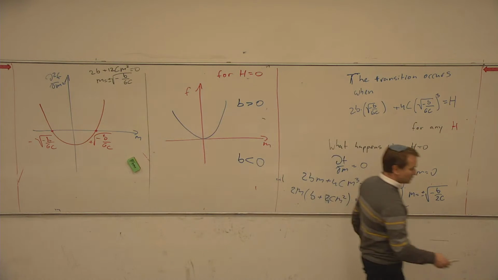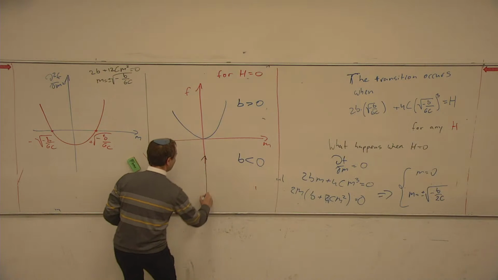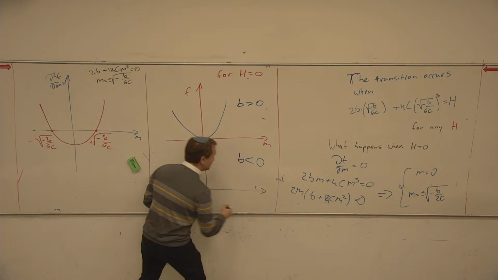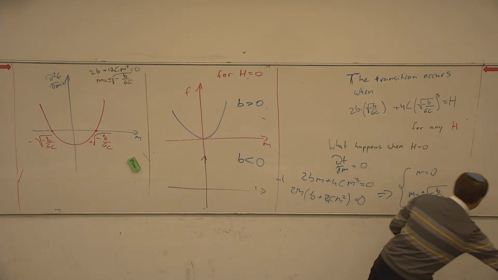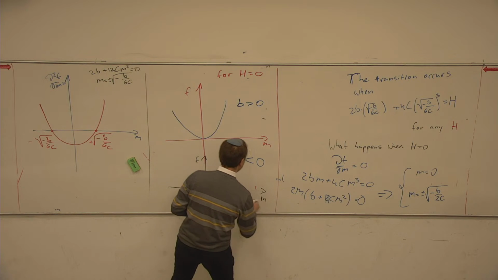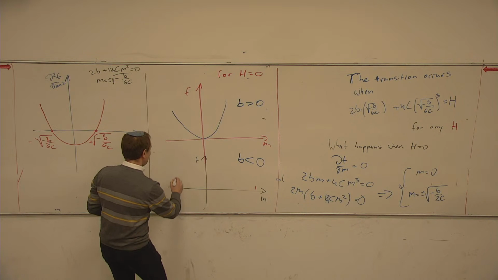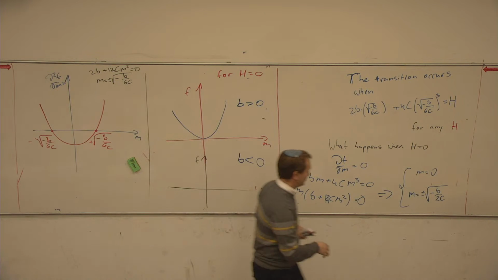So when b is smaller than 0, we observe this transition to the double well that we've seen before. This is f. This is m. This is still h equals 0. And we now have the blue one.